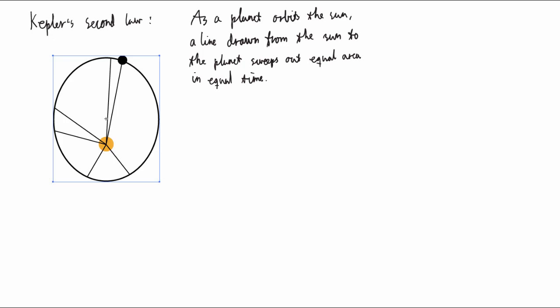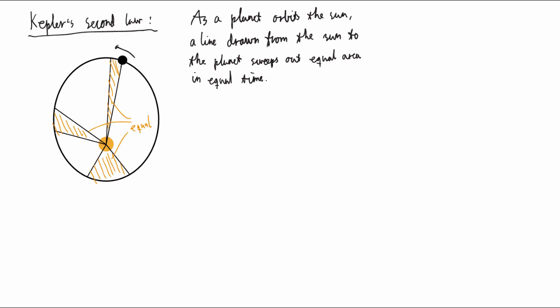So if this is a model of a solar system, we have the Sun here in the center, and a planet which is moving in an orbit around the Sun. Then if the time separating the planet being at this point and that point is the same as the time separation between the planet being here and there, and the same as between there and there, then all these areas, these little triangles here, are all equal. That's what Kepler's second law says.